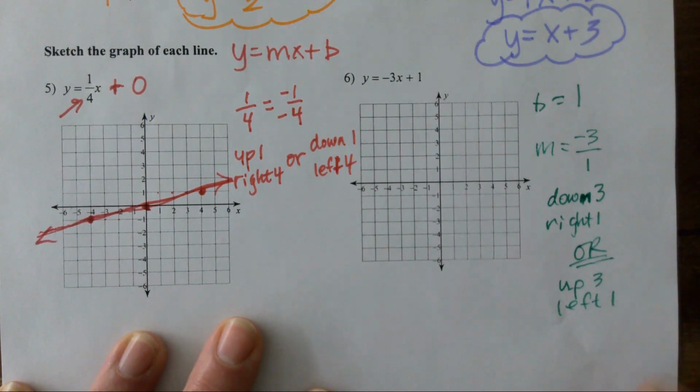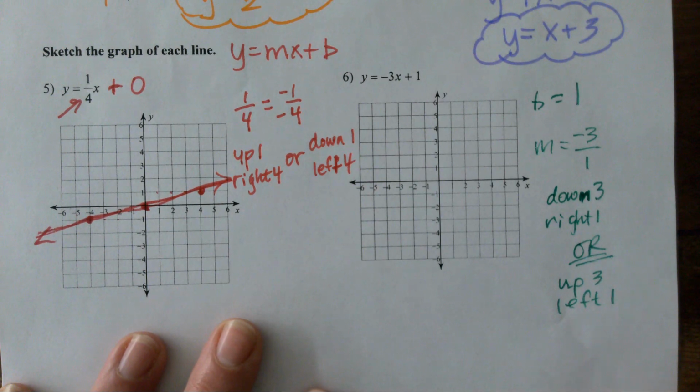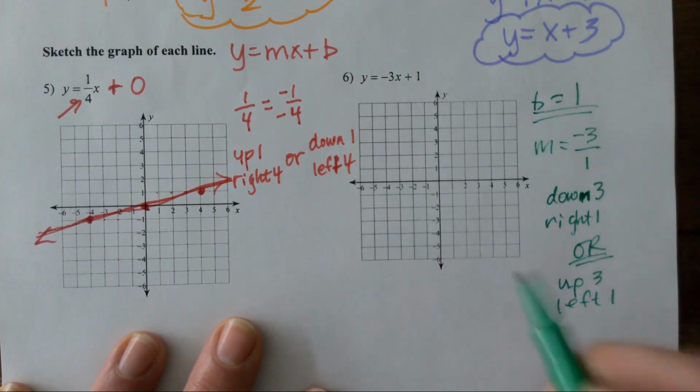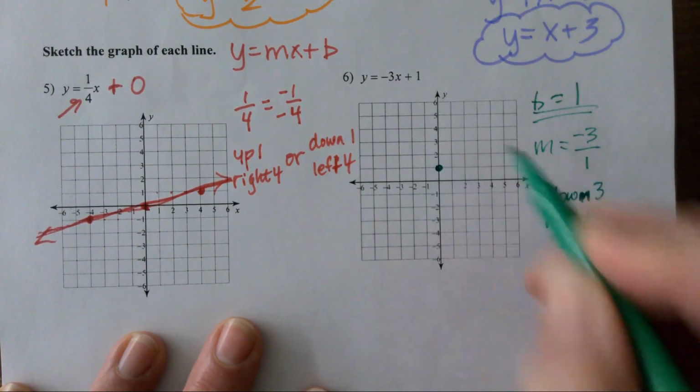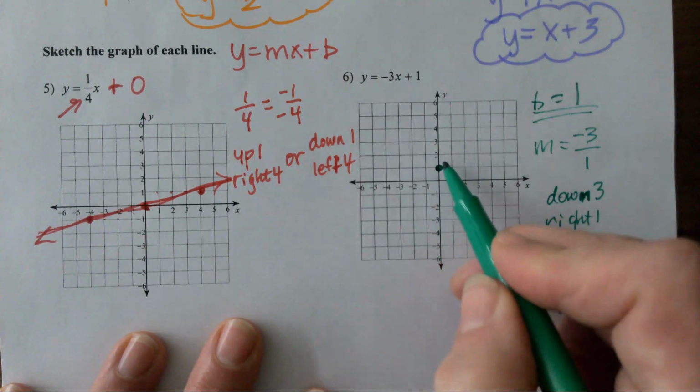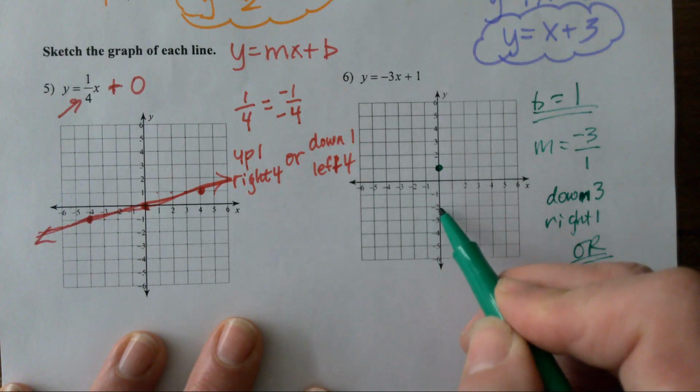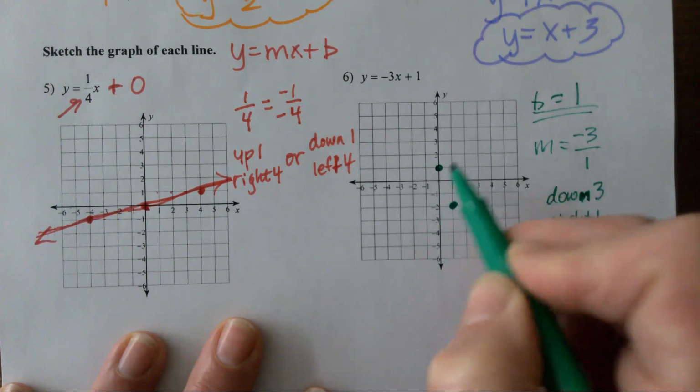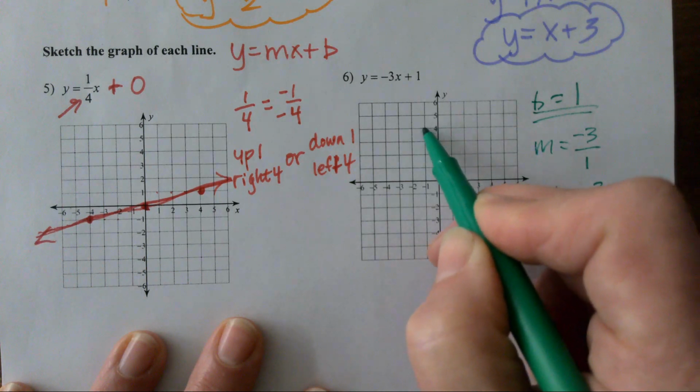So be careful of your slope position. But I have to always start with my y-intercept first, so I put my y-intercept on first. From there I go down 3, right 1, or up 3, left 1.